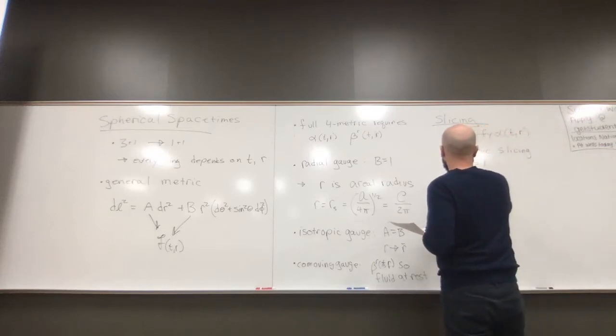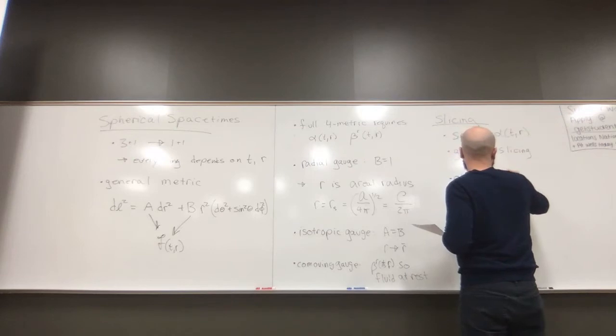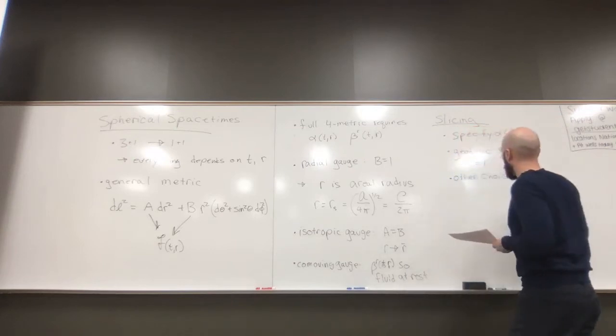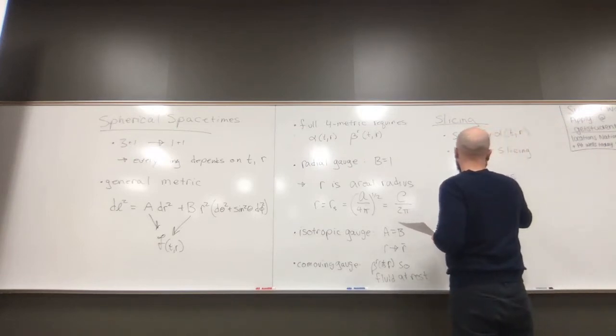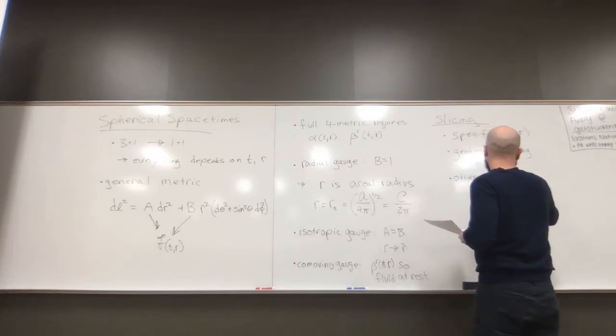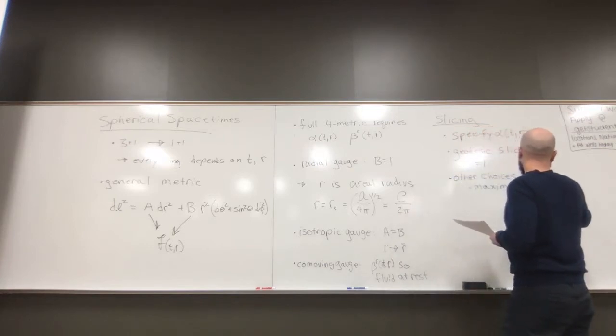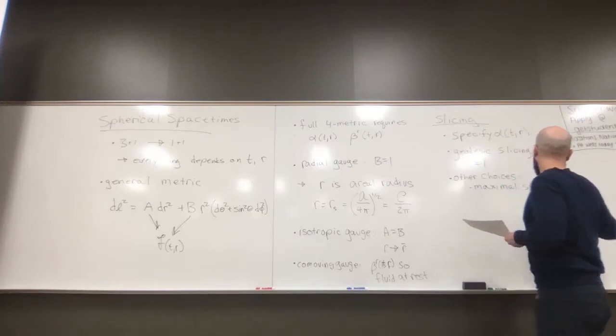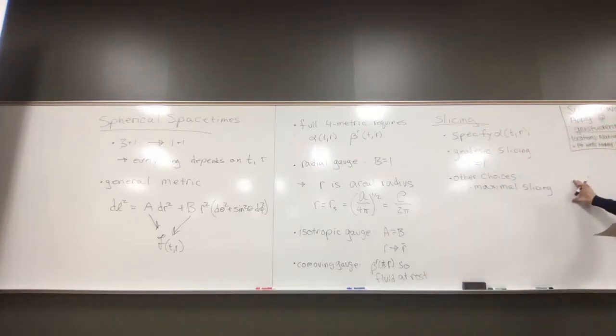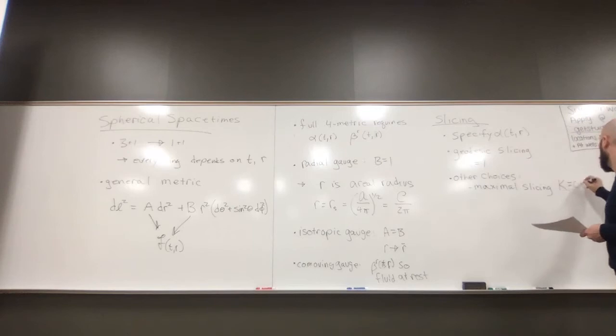Other choices which are common, we'll talk about one of these today, it turns out. Remember, we talked about this a lot, maximal slicing. Does anyone remember what the quick and dirty constraint for maximal slicing is? That's right, Oliver. K, the curvature scalar, is 0.